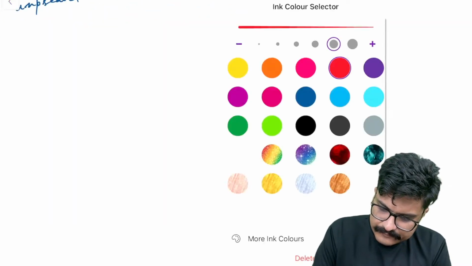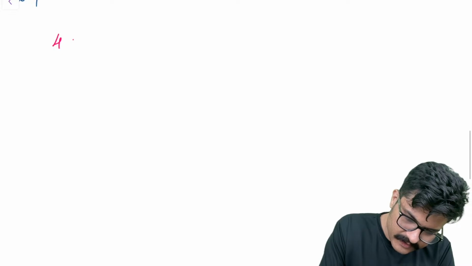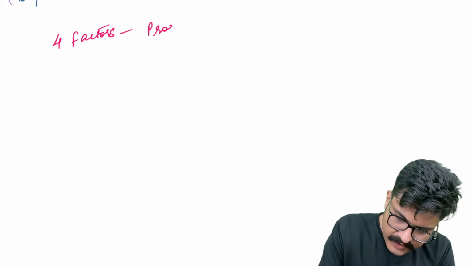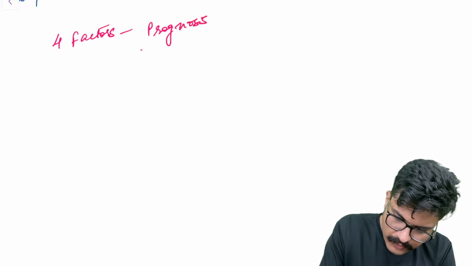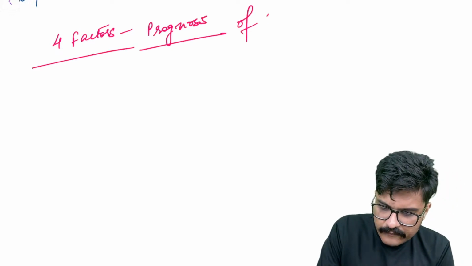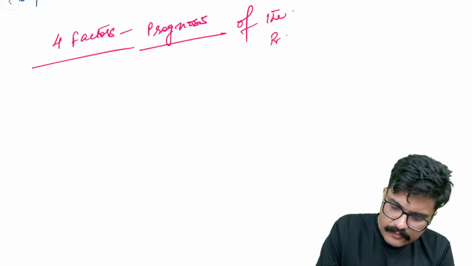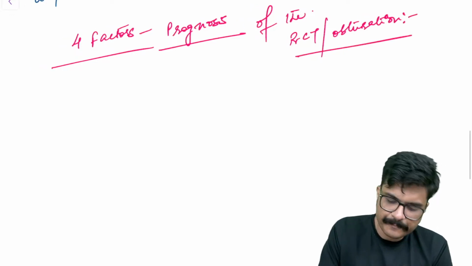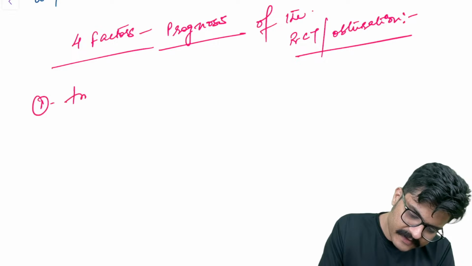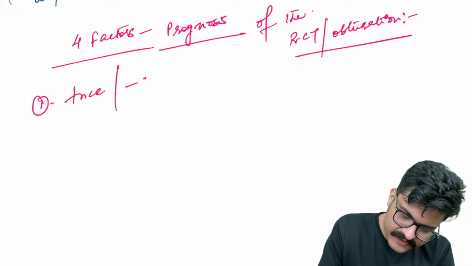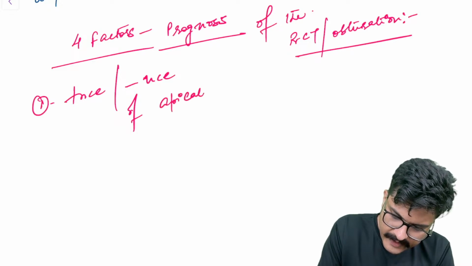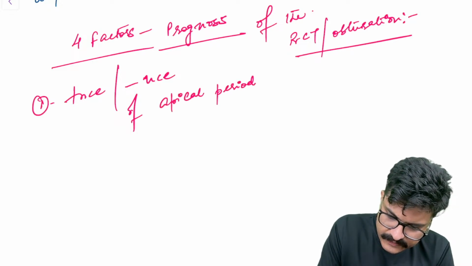So the four factors which determine the prognosis of the root canal treatment, or once you evaluate the root canal treatment, you see the obturation. First is presence or absence of apical periodontitis.